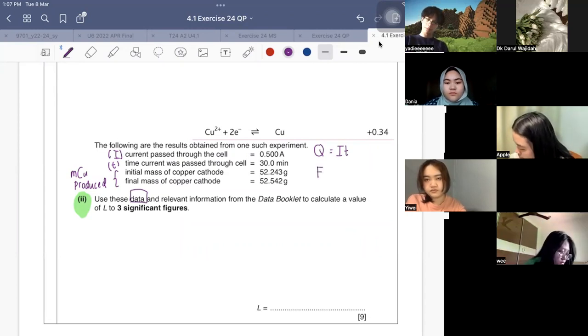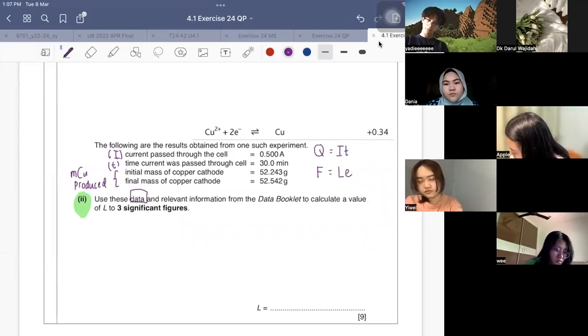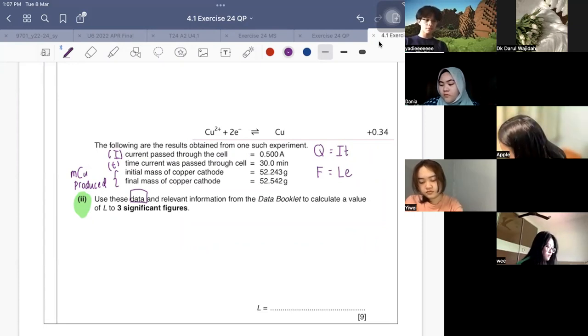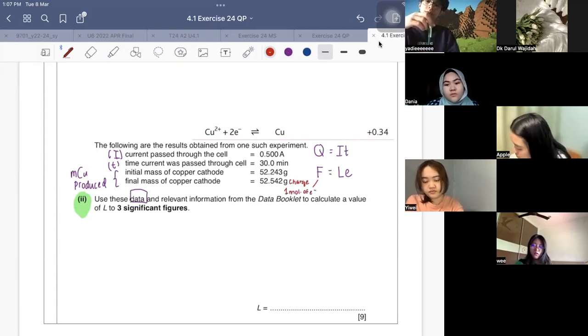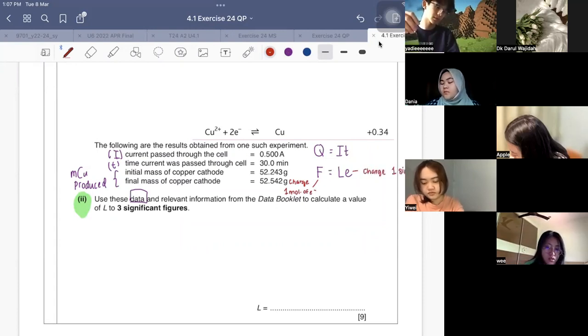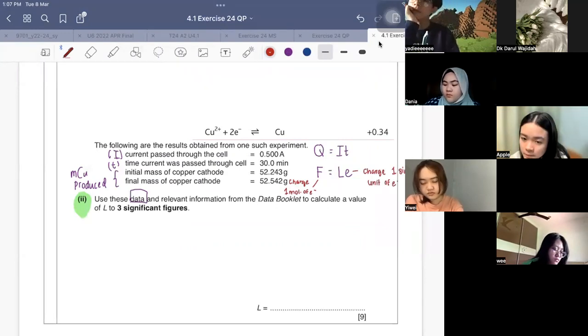And you also have this expression where F is the amount of charge carried by 1 mole of electrons, whereas E is the charge carried by 1 single unit of electron. Okay, so it makes sense.